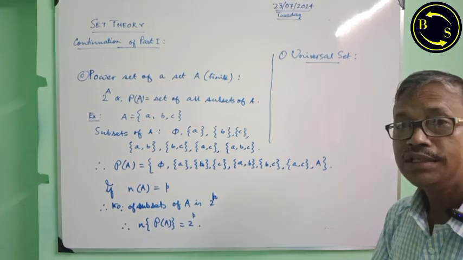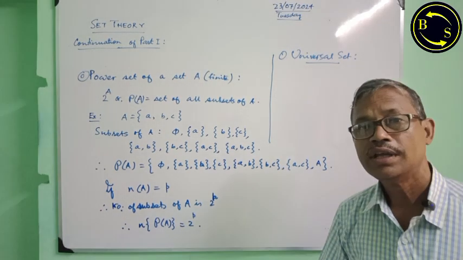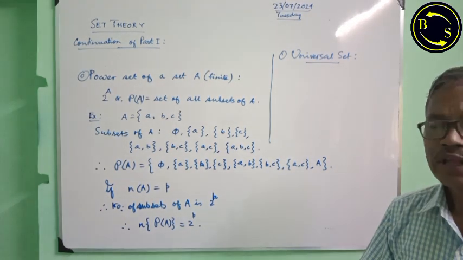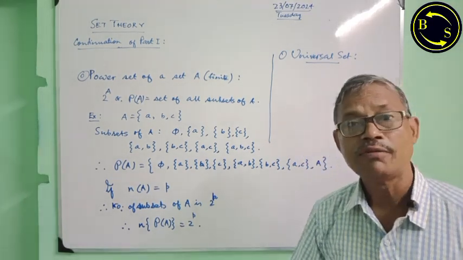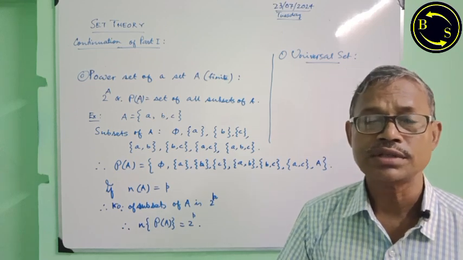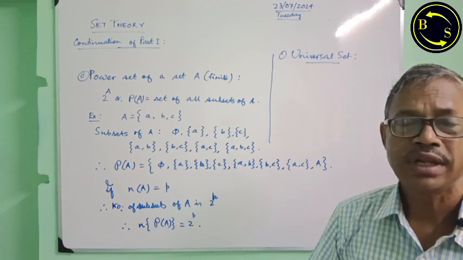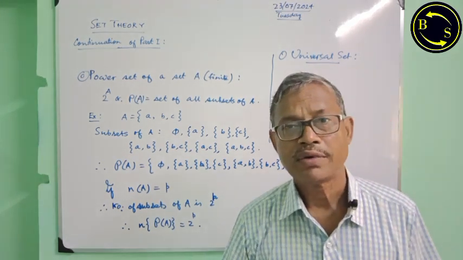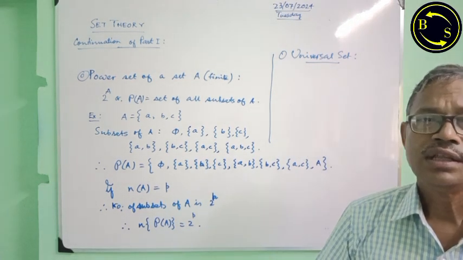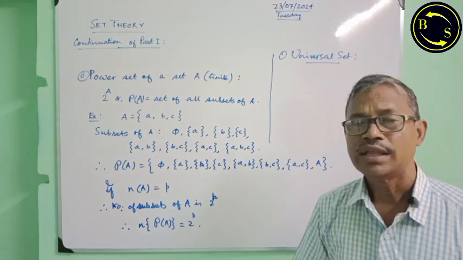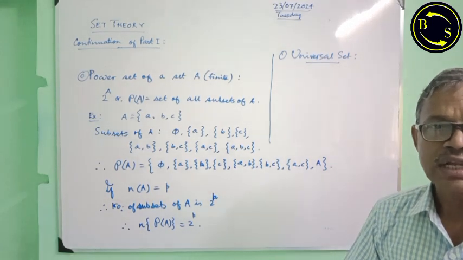Universal set is a set which contains all the sets in our discussion. For example, if we discuss different sets of numbers, say set of positive numbers, set of negative numbers, set of fractions, set of positive as well as negative fractions, then we can say easily that these sets are all subsets of the set of reals.